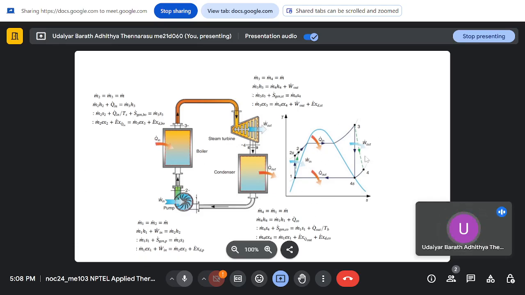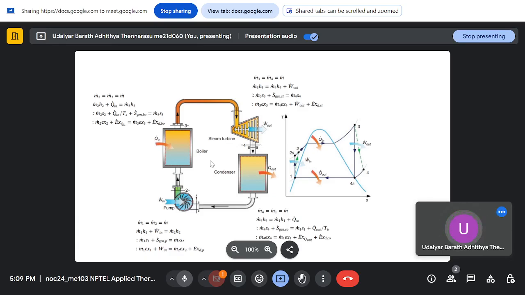So this is your Rankine cycle, and the efficiency of the Rankine cycle is nothing but your net work, which is the work output minus pump work. But generally we neglect the pump work, which is very small, so negligible compared to the work we are getting in the turbine. And there's also the back work ratio. It's very small.